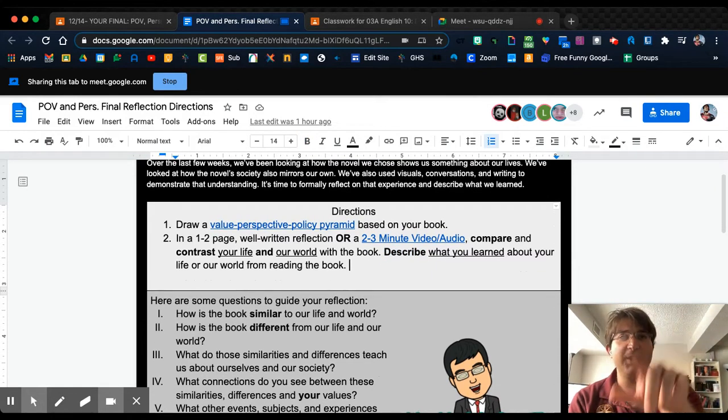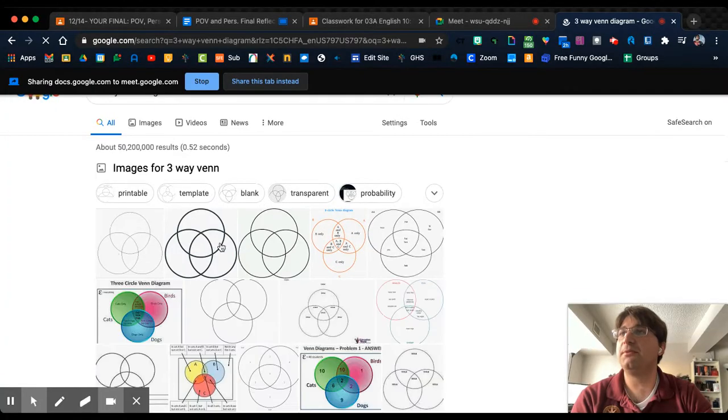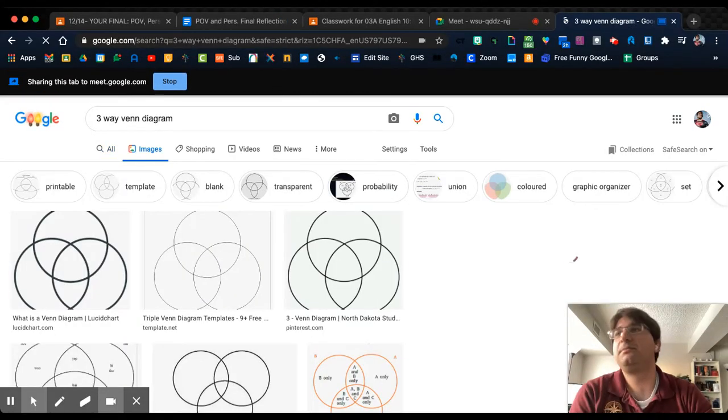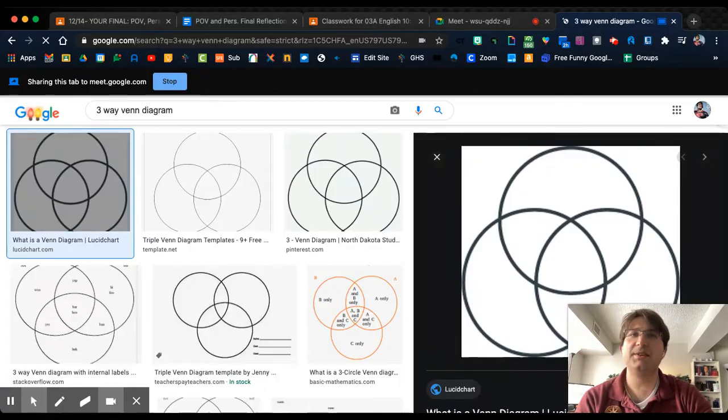Think of it like one of those Venn diagrams with three things. I wrote three-way Venn diagram, but I'm going to wait a second to show you what the image results look like. Okay, perfect, this is safe. So you're writing a reflection that compares and contrasts three different things.